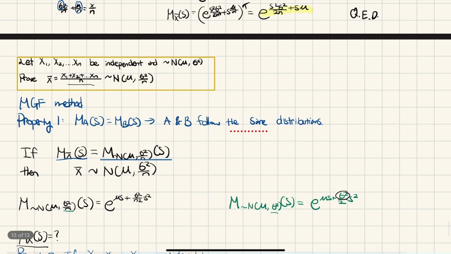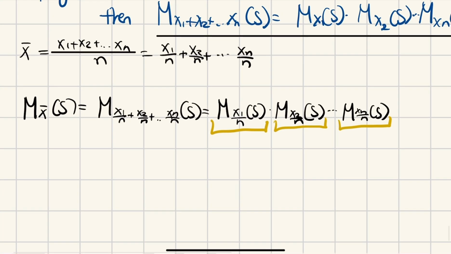And from property 1, we know that if two things follow the same distribution, which also goes backwards too, then their moment generating functions are the same. So we can simplify this into the moment generating function of any x over n, to the power of n, because these values are the same, multiplied n times.